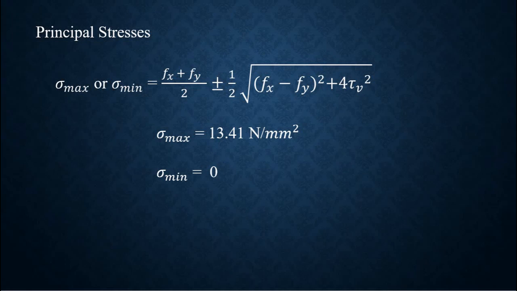So take that positive value, take these two terms, then you will get 13.41. To get the minimum value, sigma minimum, you should consider the negative sign here. Don't consider the positive sign, it should be the negative sign. So after simplification, we will get 0.